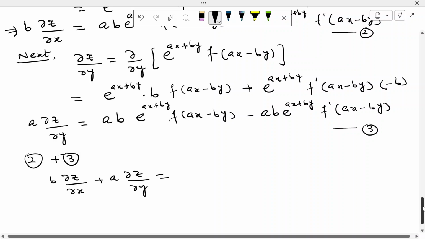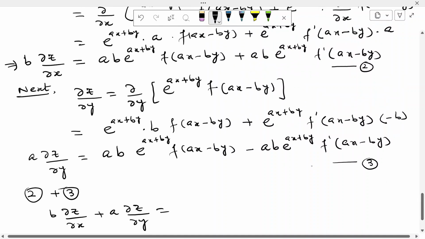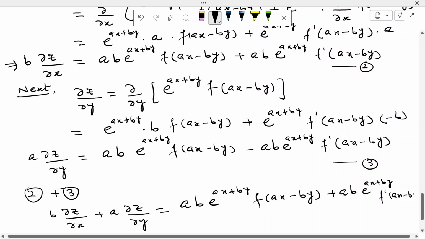Now when you put the value of the right hand side, this will be ab e to the power ax plus by f of ax minus by plus ab e to the power ax plus by f prime of ax minus by.